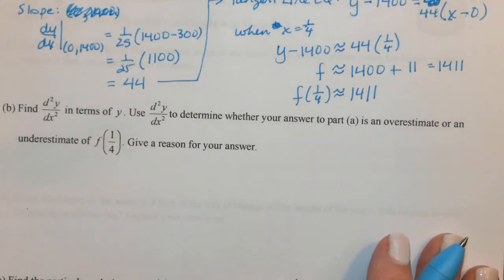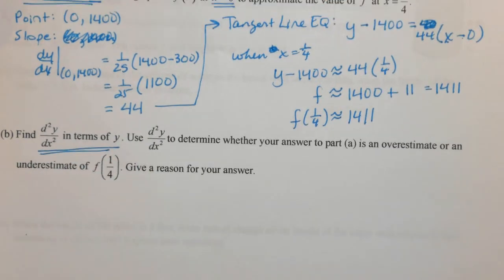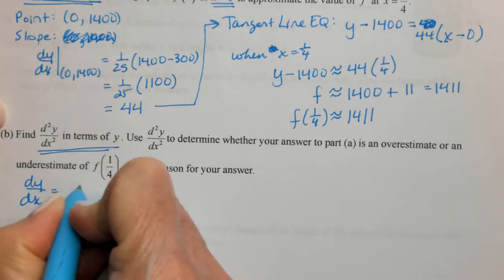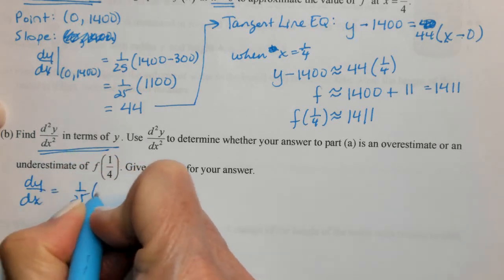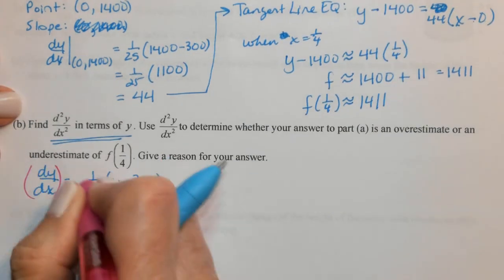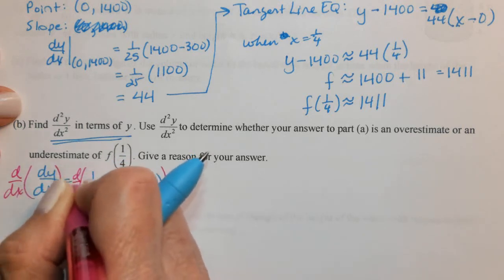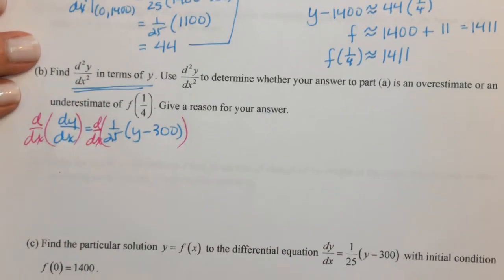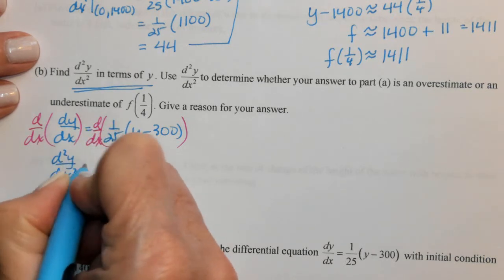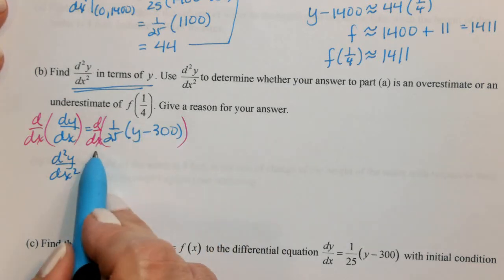All right, find the second derivative in terms of y. Well, they gave us the first derivative. To find the second derivative, we take the derivative of each side with respect to x. So I get the second derivative is equal to, okay, I need the derivative of this with respect to x.